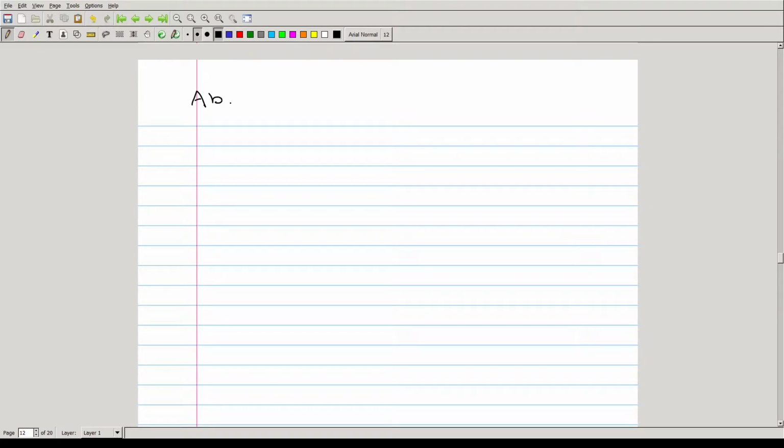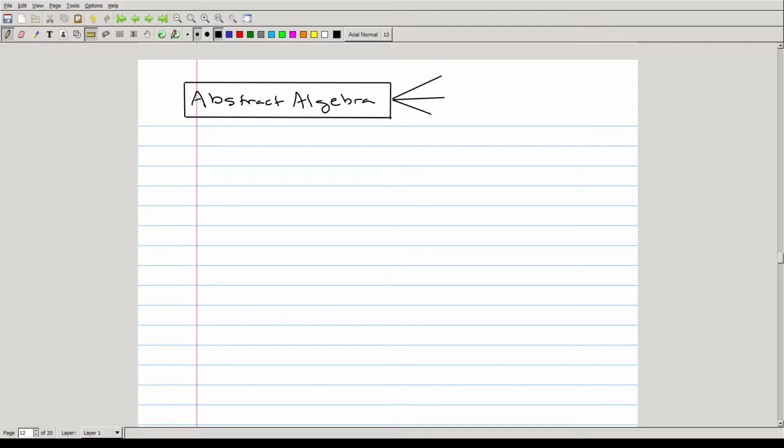And what I want to do is just write down here, before we define a group, that typically in an undergraduate abstract algebra sequence, you'd start out by going over and studying group theory, ring theory, and field theory.